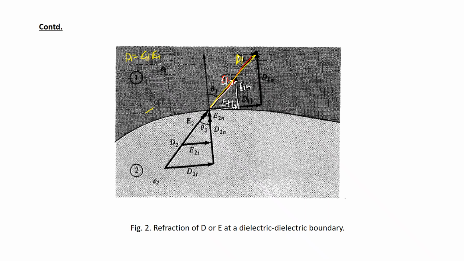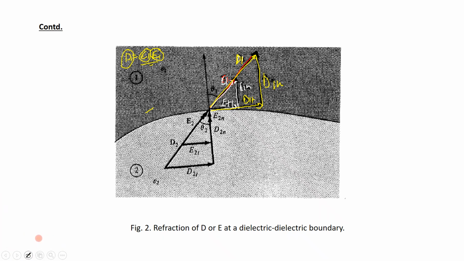If you multiply, D1 is bigger, but epsilon is a very small number, so we are just representing it this way: E1 is smaller and D1 is bigger after multiplying. Because E1 and D1 both lie in the same direction, since epsilon is a constant, the tangential component of D1 will also be along this direction, and the normal component of D1 will also be along this direction.